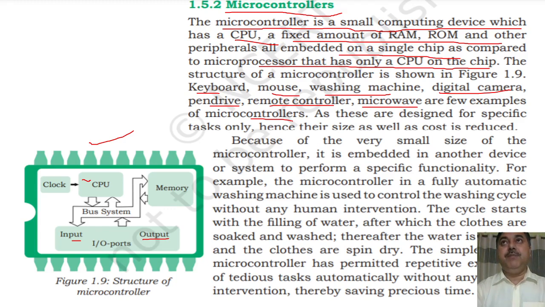Each and every part of it will have a particular pattern of controlling. Like if I take the remote control of your television or the AC, or a pen drive, or your washing machine, isn't it?